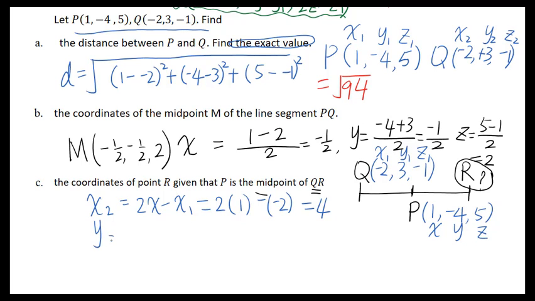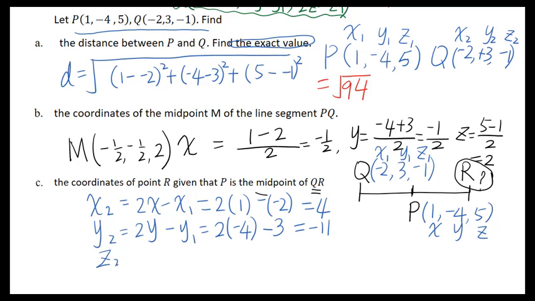For y2 equals 2y minus y1 equals 2 times -4, then minus y1, which is 3, so you will get -11.